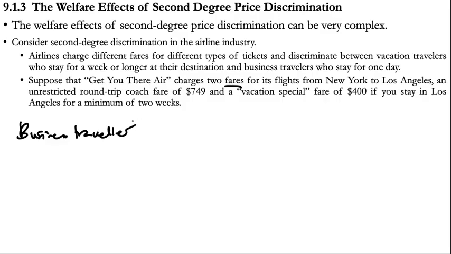In this case, the maximum amount you are willing to pay for the round-trip ticket to fly to LA is, let's say, 800. When I say the maximum price you are willing to pay as a business traveler, if you want to stay only one night, unrestricted ticket, then this is what we call your reservation price.